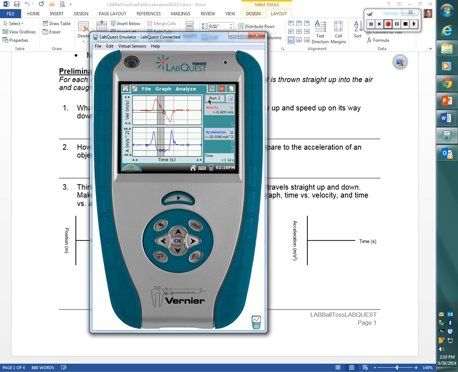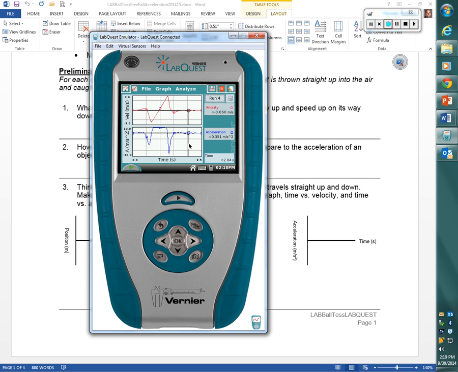Krista, before we answer the questions, I want to show you these two graphs. I took these two graphs this morning, doing exactly the same thing, tossing the volleyball up in the air and catching it at approximately the same place I threw it.